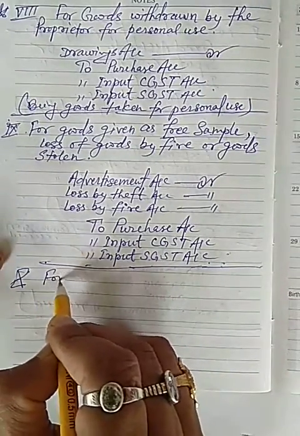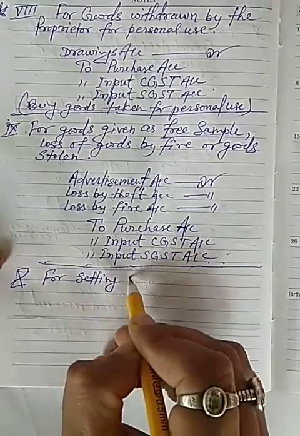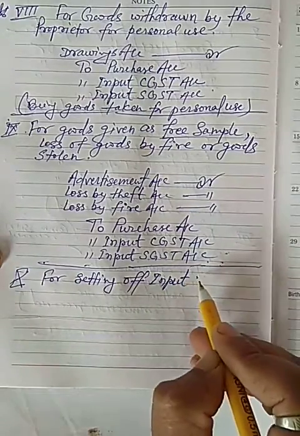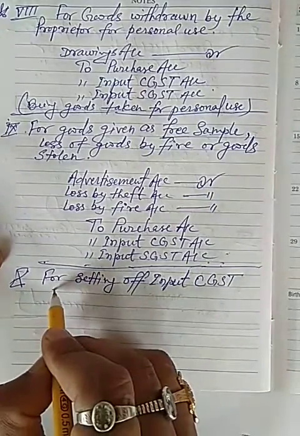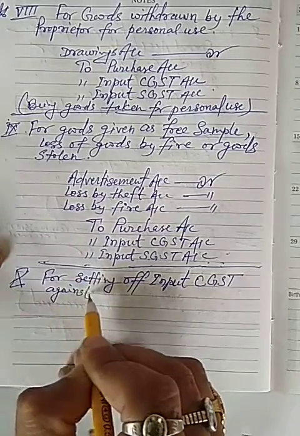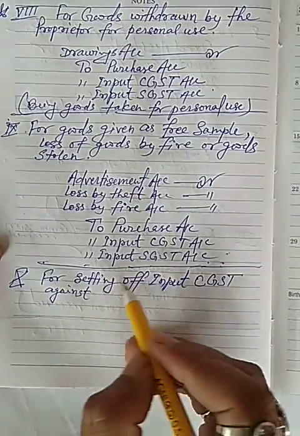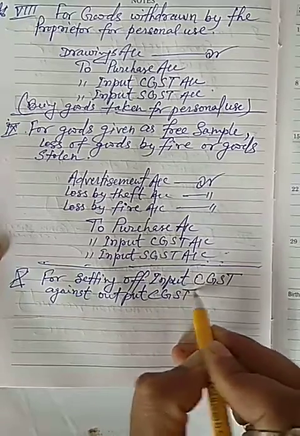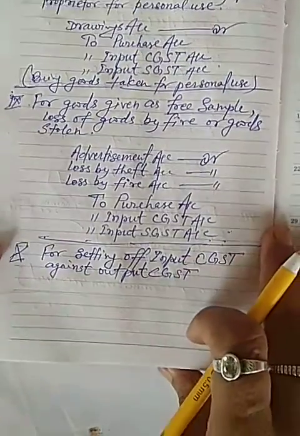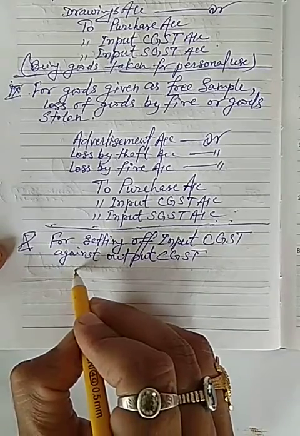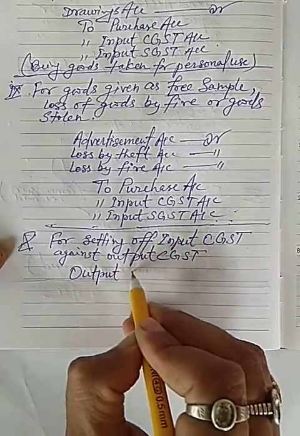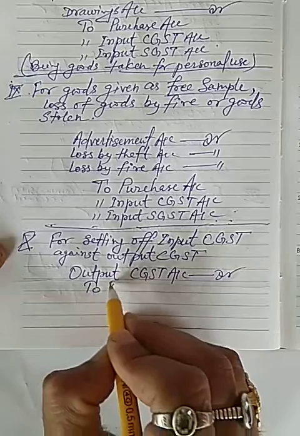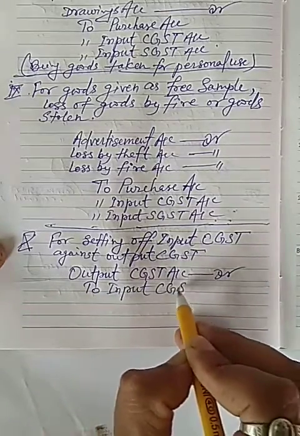For setting off input CGST against output CGST, the journal entry will be: output CGST account DR, to input CGST account.